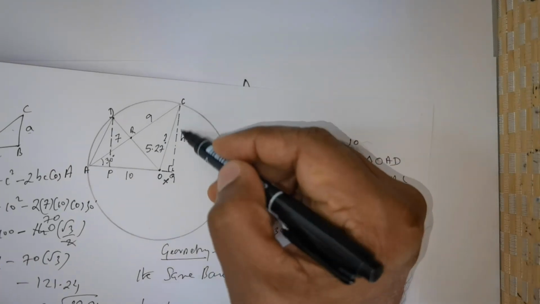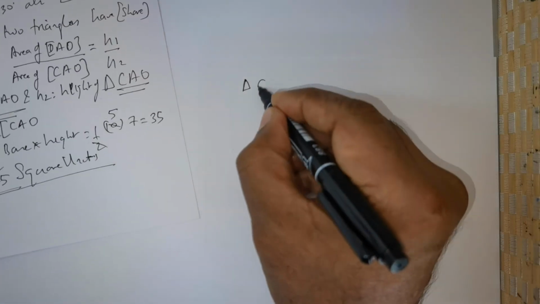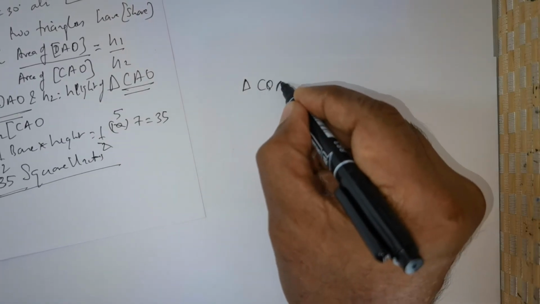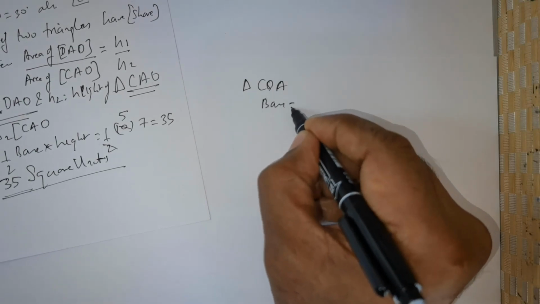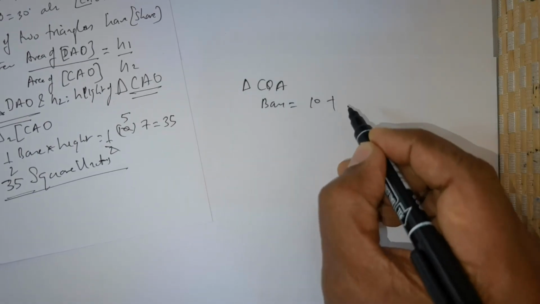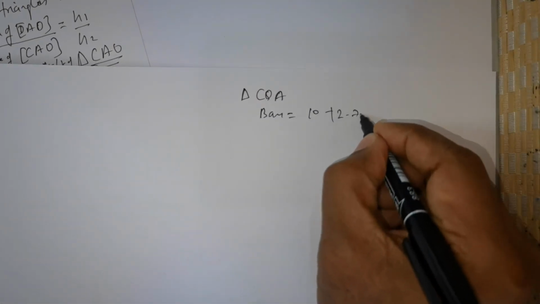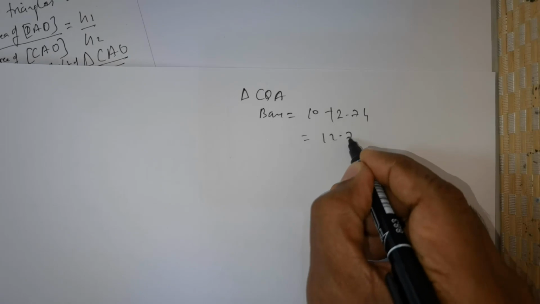I'm going to consider the triangle CQA, and the base being 10 plus 2.74, that is 12.74.